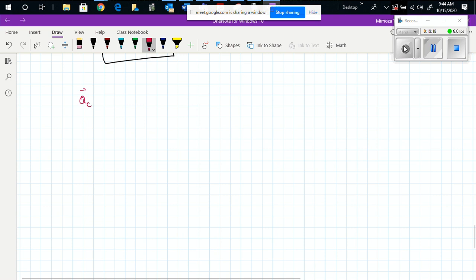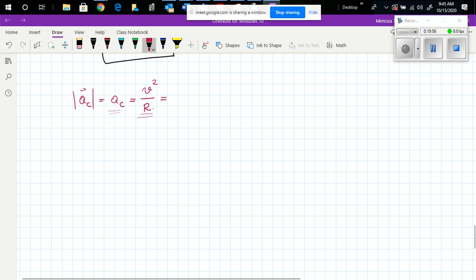Centripetal acceleration, on the other hand, the magnitude of the centripetal acceleration, which we can just say a_c, is v squared over r. How did we get this? It is simply finding the first derivative of the velocity, which is outside the scope of this course, but take it as my word that the centripetal acceleration is equal to velocity squared over r.